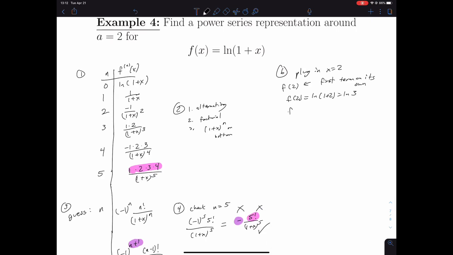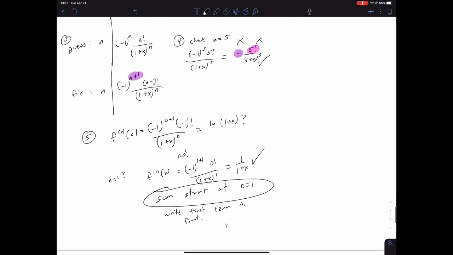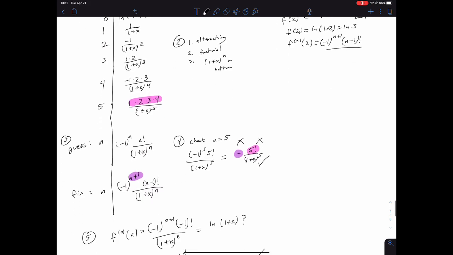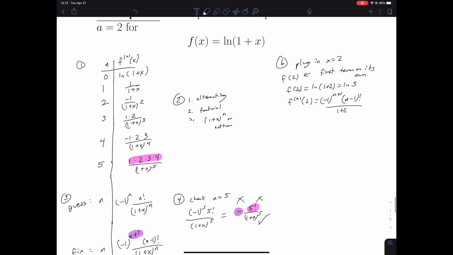And then the nth derivative at 2, and here I'll just use my formula. So my formula was this piece. So I'm just using that. So I've got negative 1 to the n plus 1, n minus 1 factorial over 1 plus 2 to the n. So this is 3 to the n.